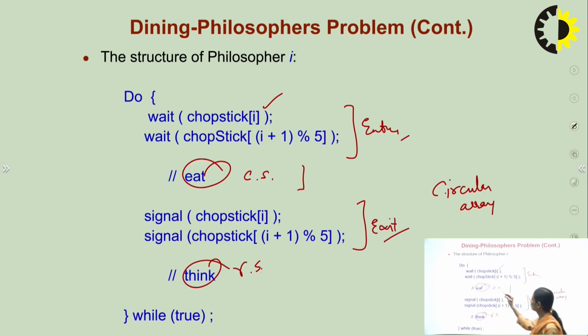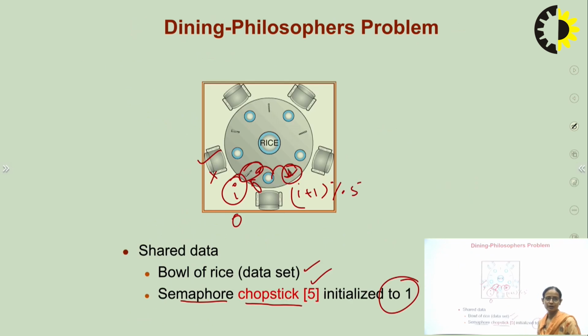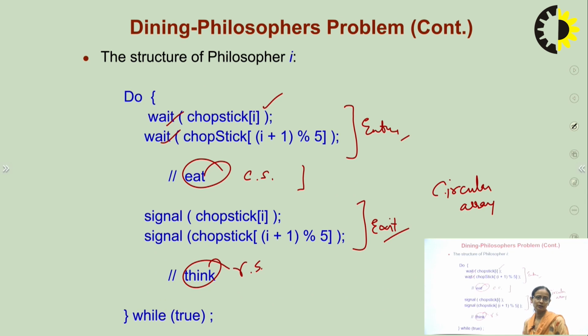So here we have checked with the help of wait operations. Similarly, when it finishes eating, it needs to put them down, and this operation is reflected with the help of signal(chopstick[i]) and signal on the other chopstick, that is chopstick[(i+1) mod 5]. This is the solution with the help of semaphores for the dining philosophers problem.